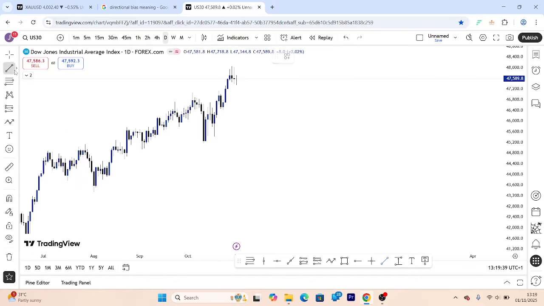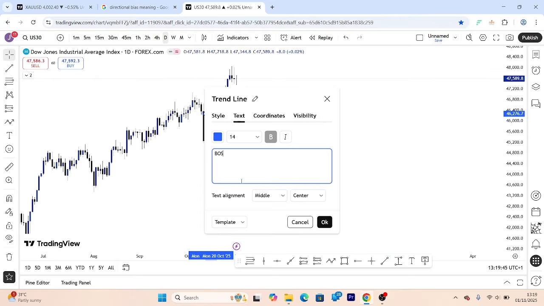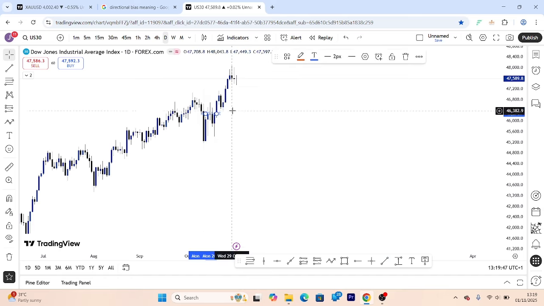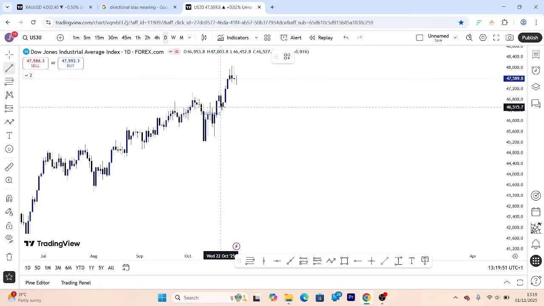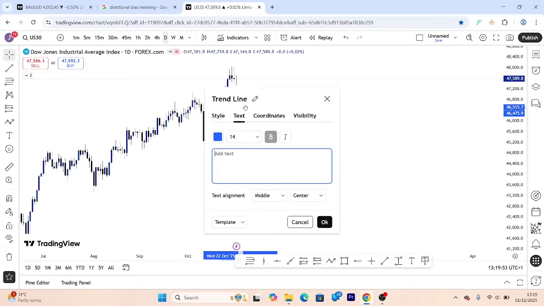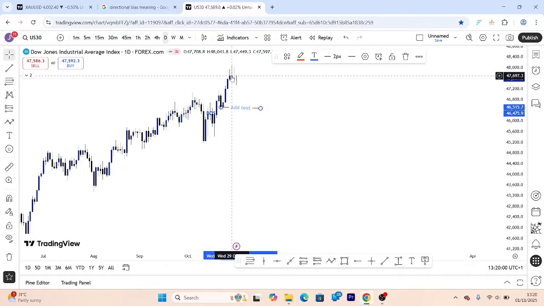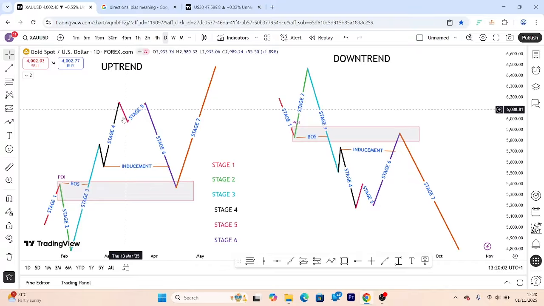This is the break of structure that happened at this level, and here is the inducement that finally happened. So we are at stage 5.